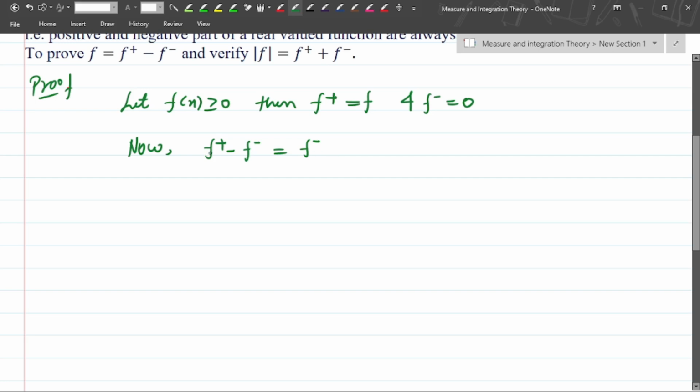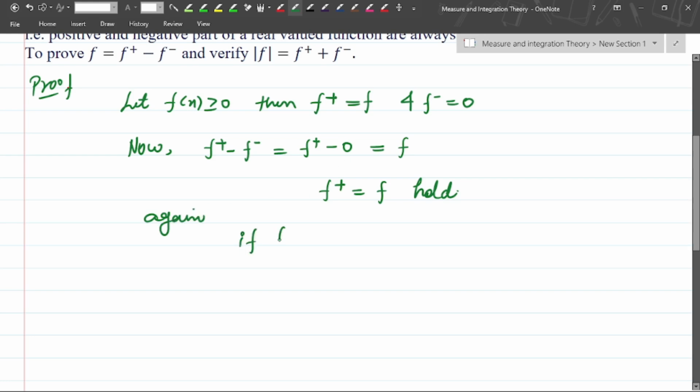If we wish to prove it is my function f, then f plus minus f minus is equal to f plus minus 0, and that is equal to f. It means my f plus is equal to f, it holds. So we can say that f plus is equal to f.